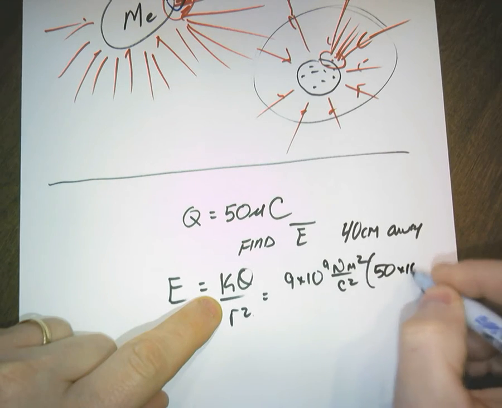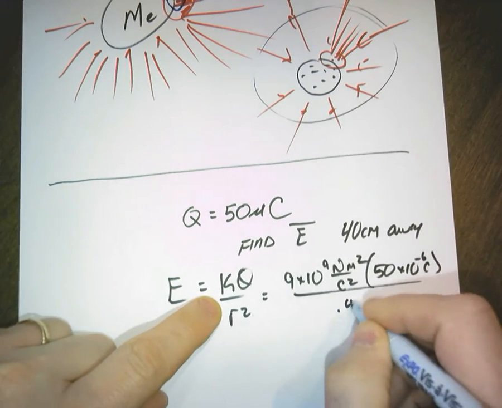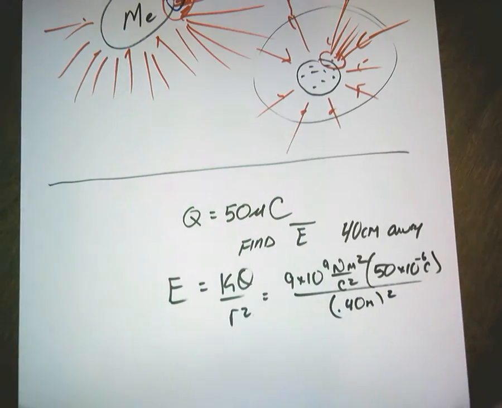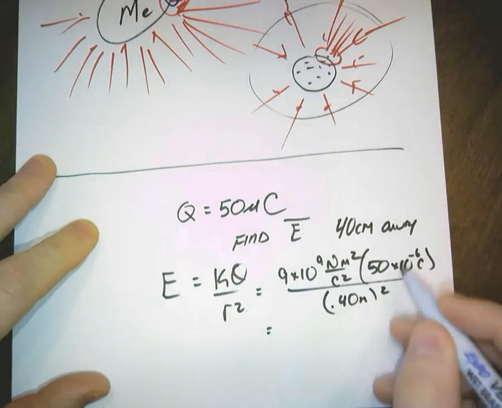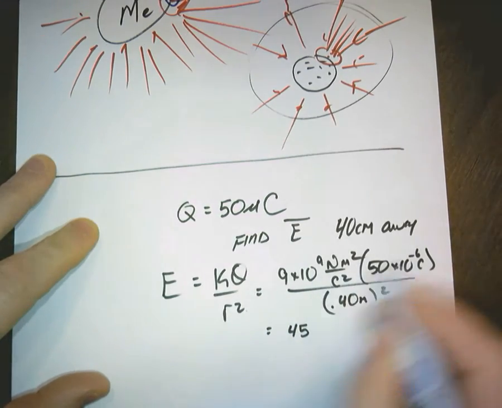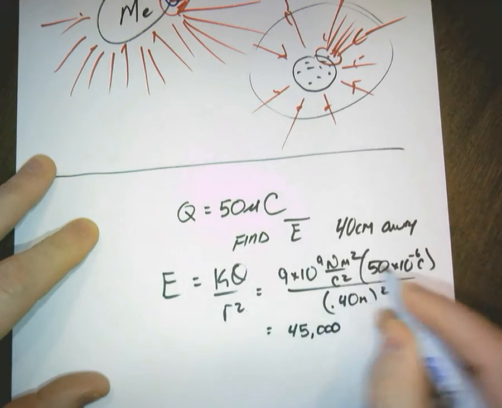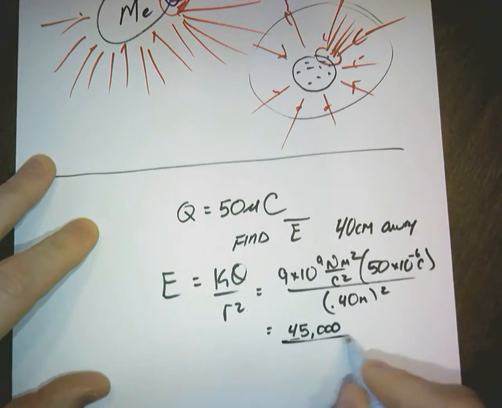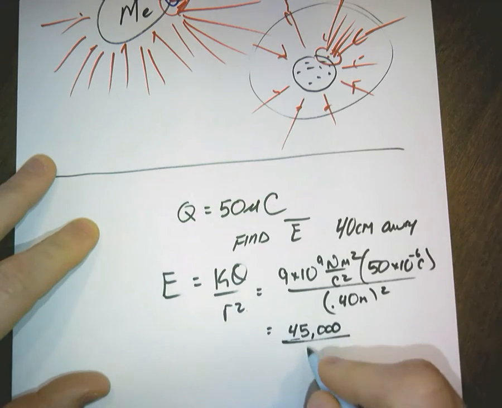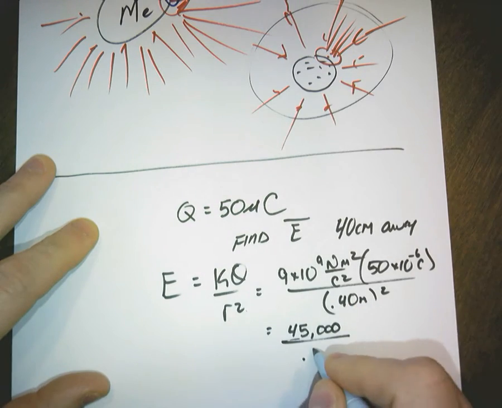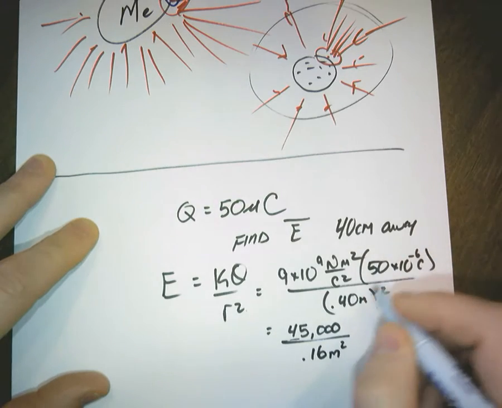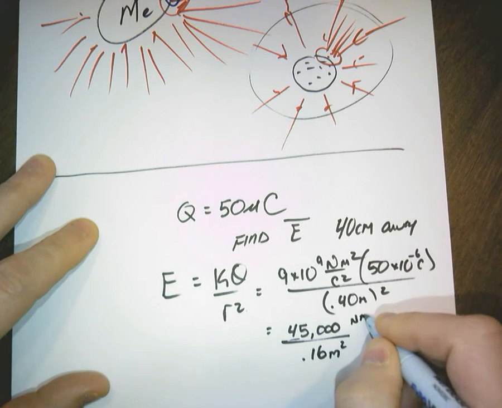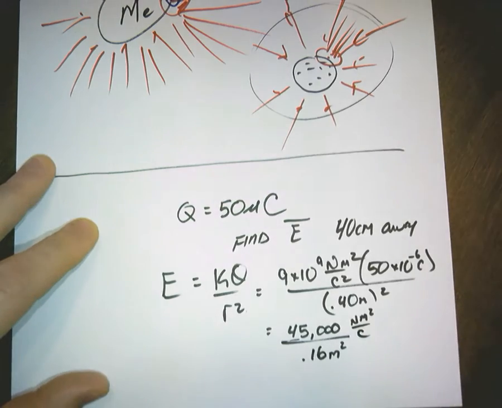50 by 10 to the negative 6. Don't forget meters. 9 by 5 is 45, and I've got 1,000 left upstairs. 0.4 squared is 0.16 meters squared. And this is going to be a newton meter squared per coulomb squared.